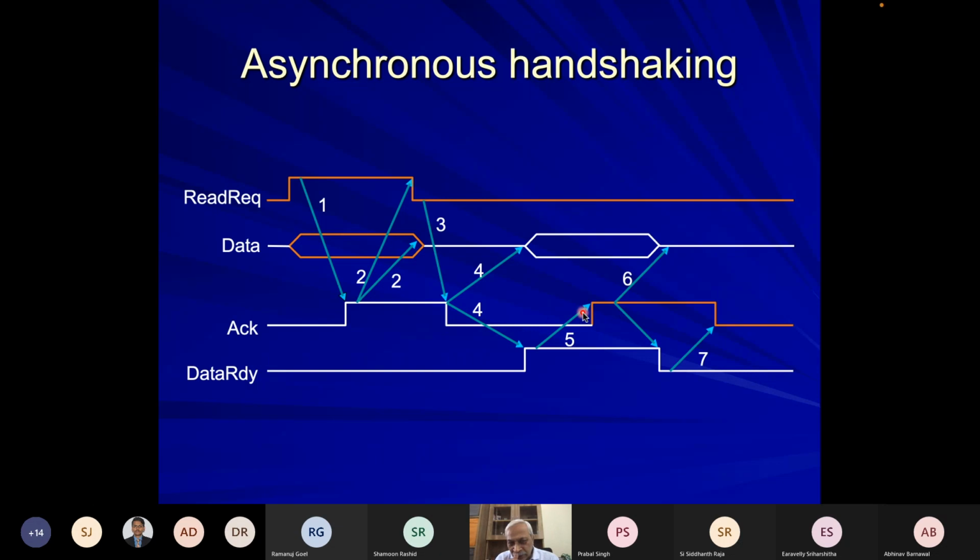This is not necessarily universal. You could have a separate acknowledgement signal coming from the slave going to the master, and a separate signal going from the master to the slave. But why do we have to wait for acknowledgement to become 0?